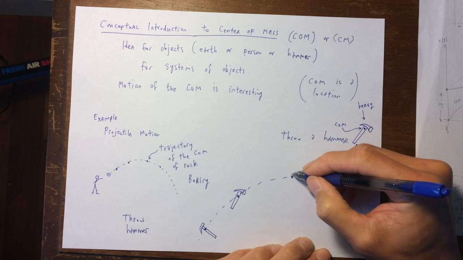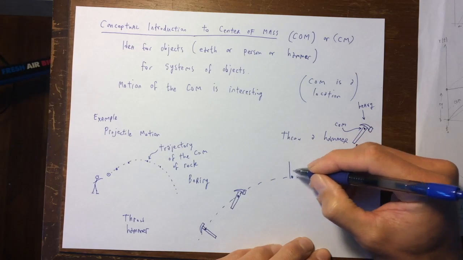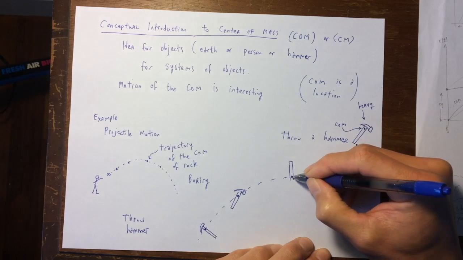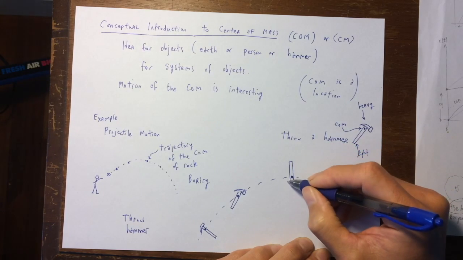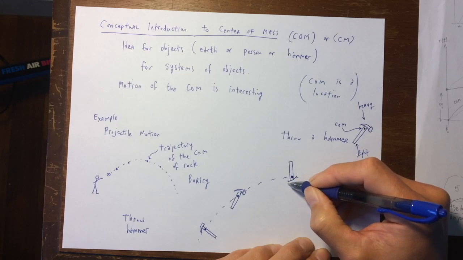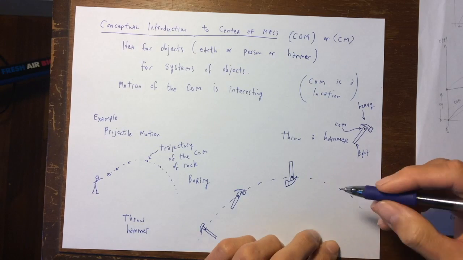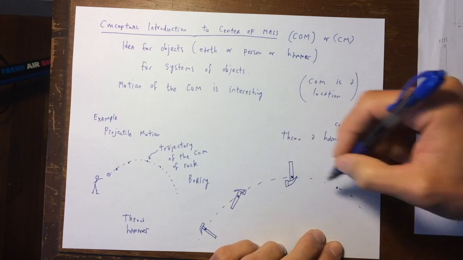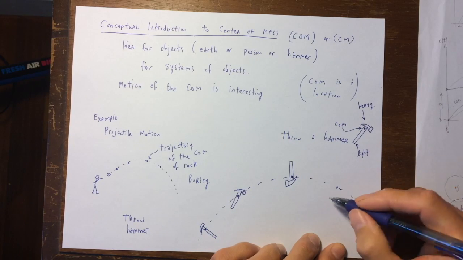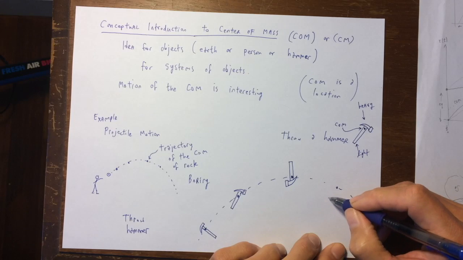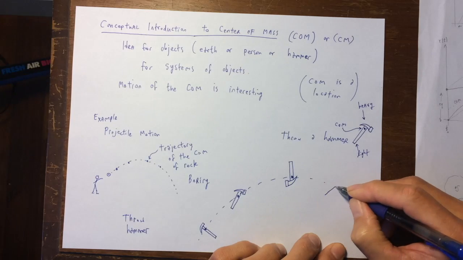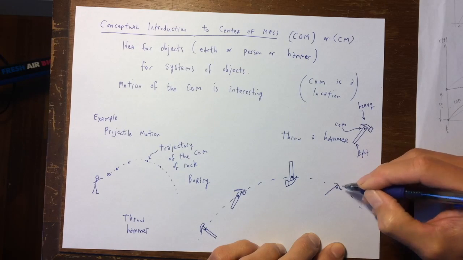A little bit later in time, the hammer seems to be upside down. So the center of mass is this little dot. It's a place on the hammer system. And if you just follow the trajectory around, at some point, I guess it may look like this instead.